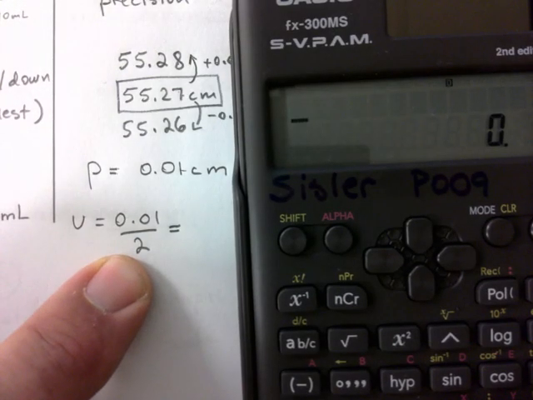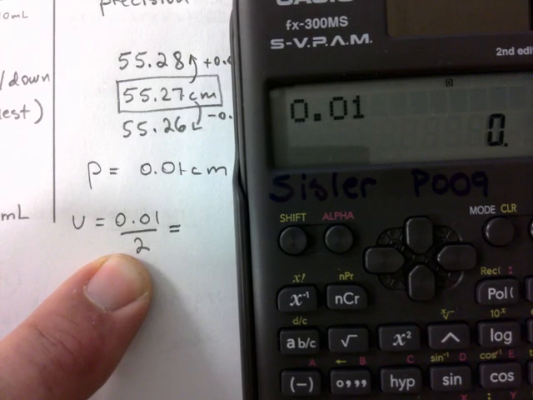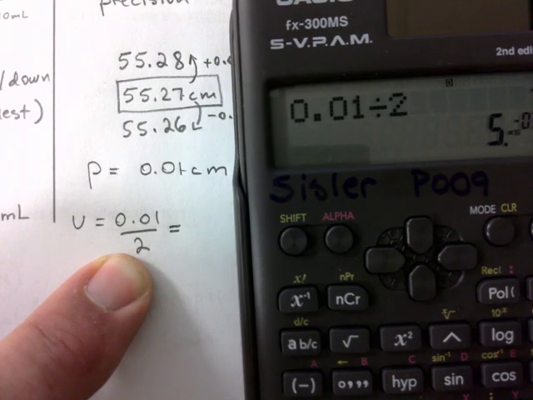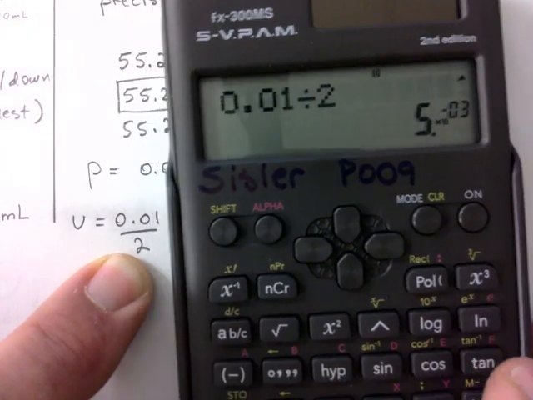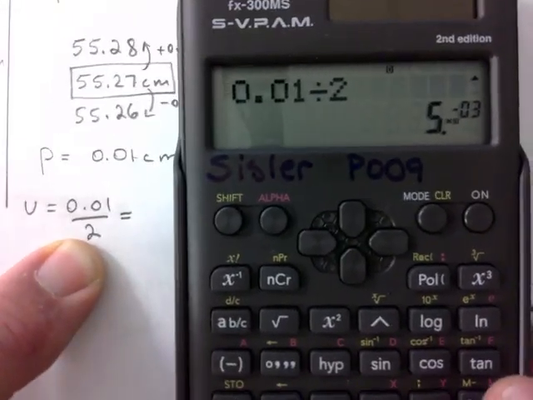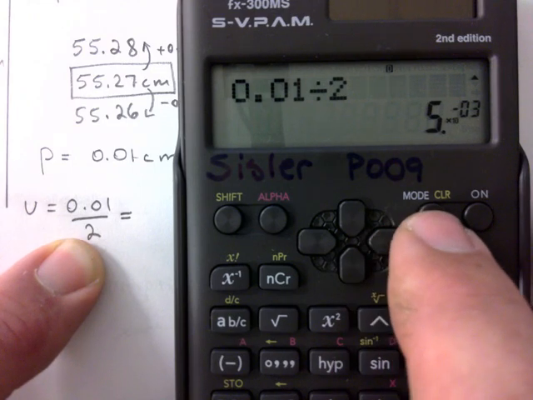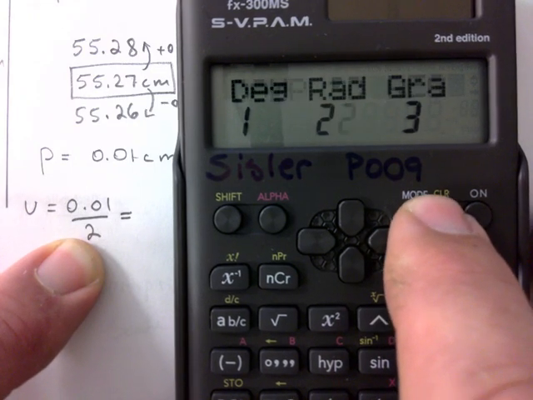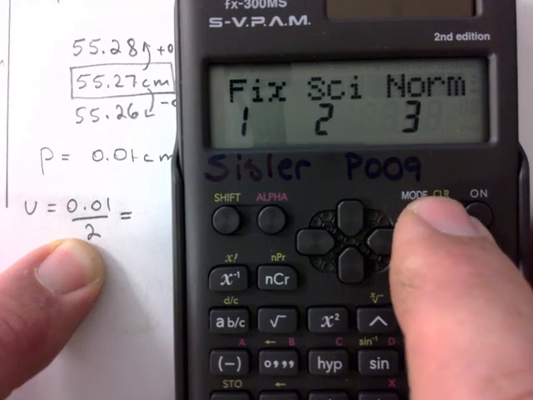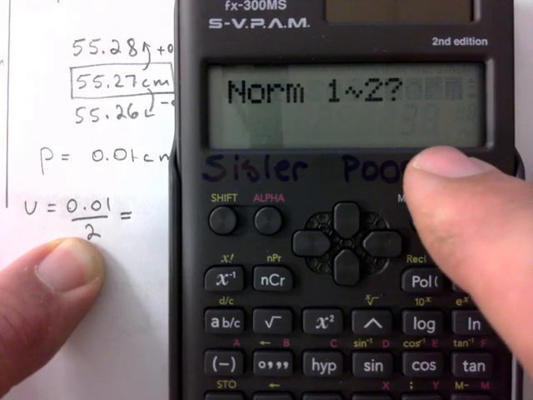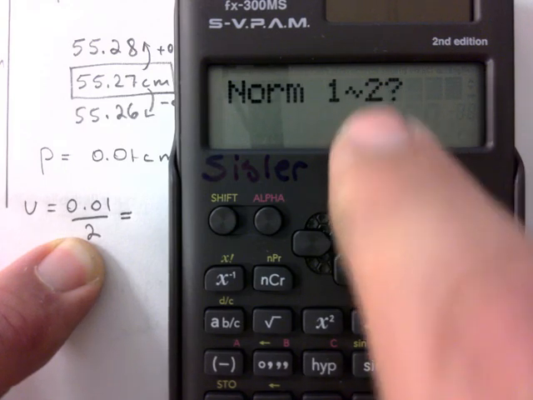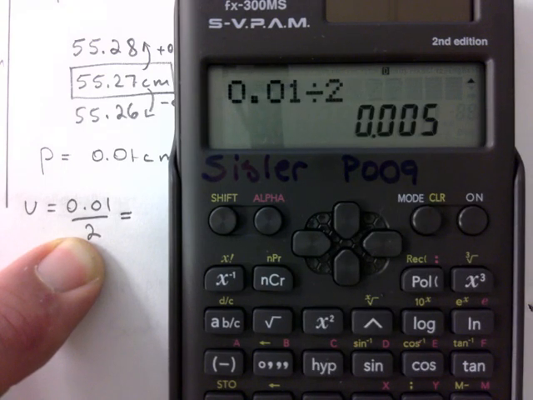If you go 0.01 divided by 2, you get scientific notation. The way I fix it on my calculators, if you have one of mine, I go mode 3 times. You want to go to normal, and select the second normal. And there you have it.